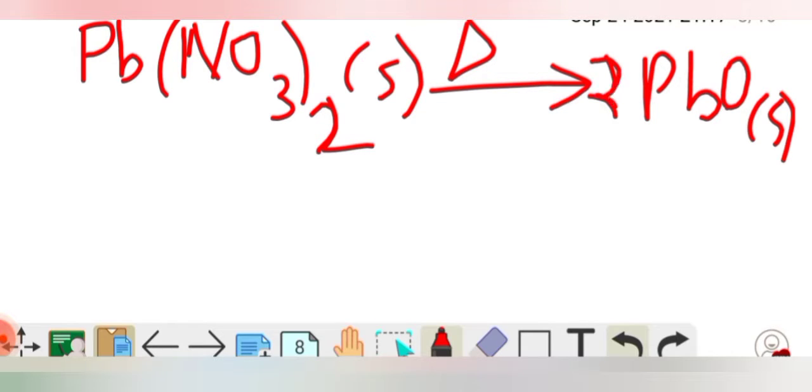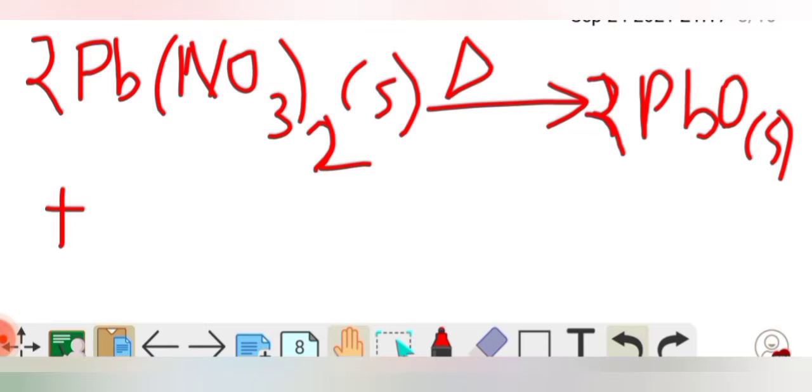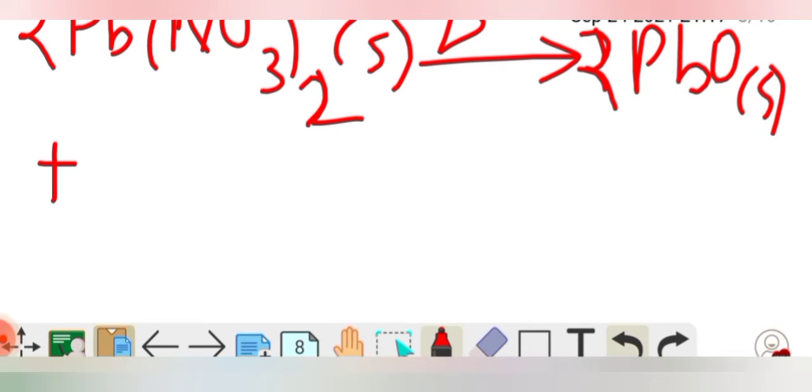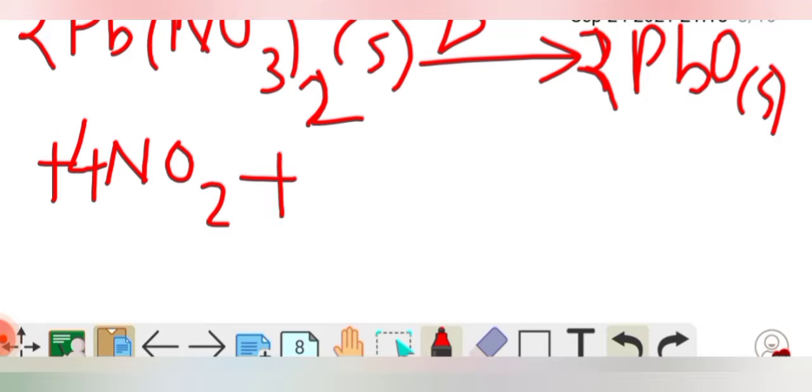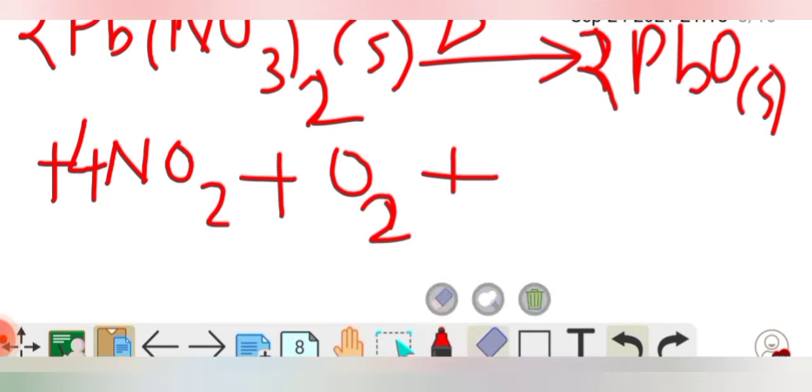To balance the equation, you have to write 2 PbO, that is lead oxide, plus nitrogen dioxide, NO2. Again, to balance the equation you have to write 4 NO2, plus oxygen, O2. So this is also an example of a thermal decomposition reaction.